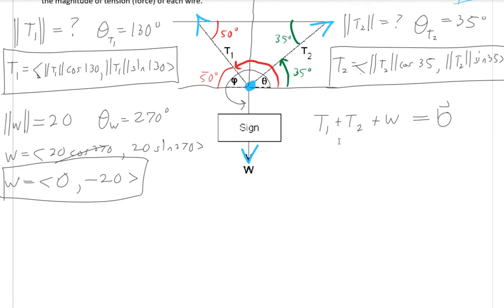If we do T1 plus T2 plus W, we can do a couple things. We can actually move W to the other side if you want, or we can keep it here. I'd say move W to the other side. So T1 plus T2 equals negative W, which is just going to end up being 0 and positive 20.